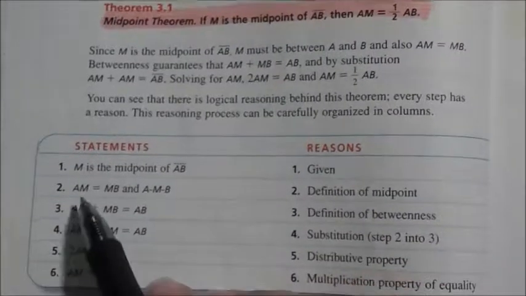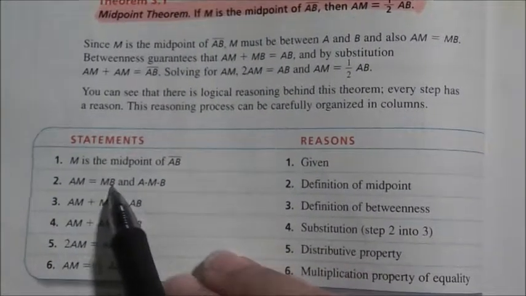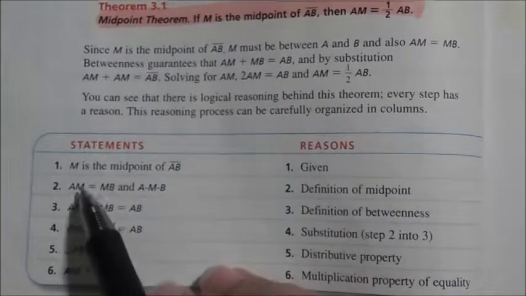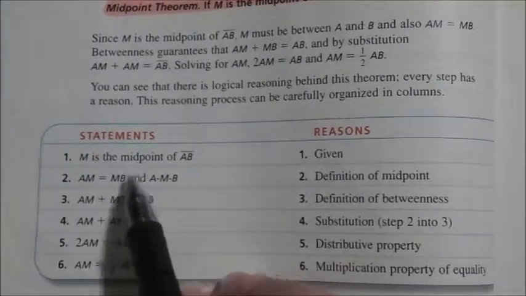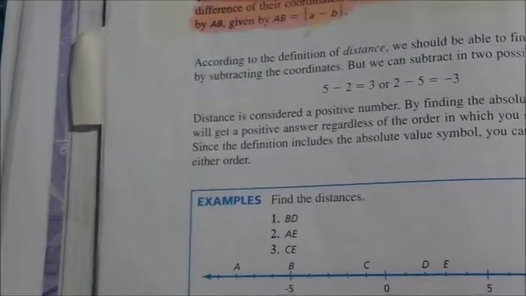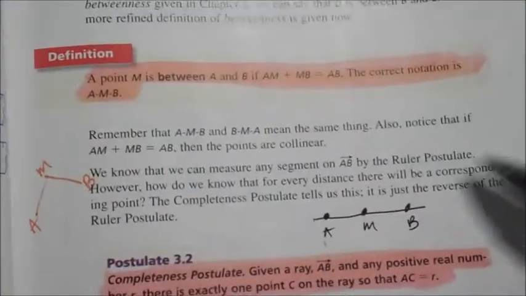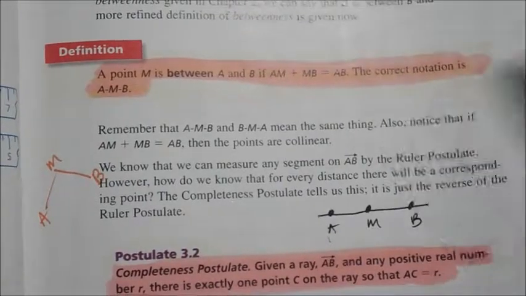So how are you able to say that AM is equal to MB? Why are you able to say AM is equal to MB? So far, all you've said is M is the midpoint. So if you turn over, okay, I missed it.